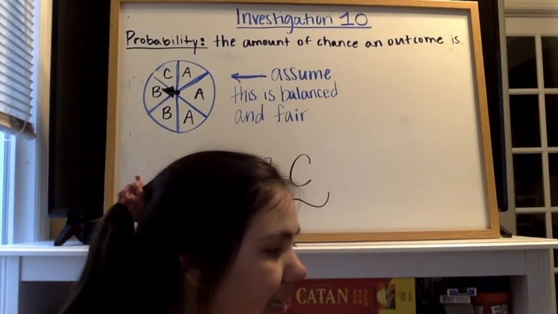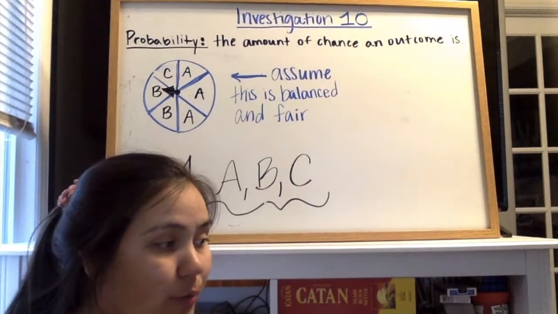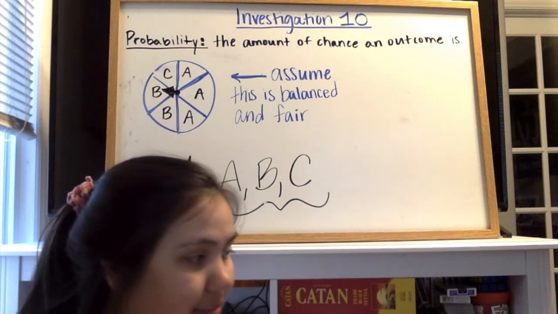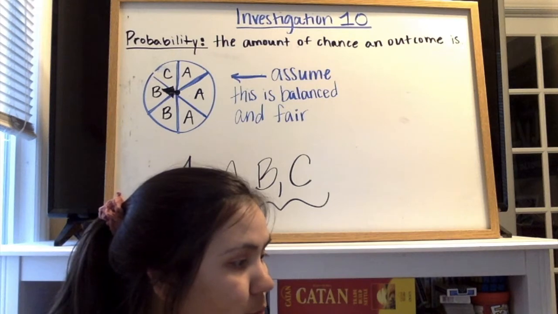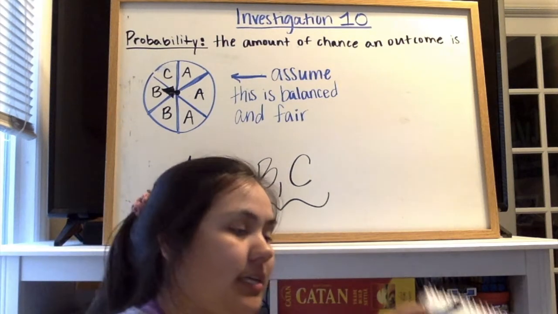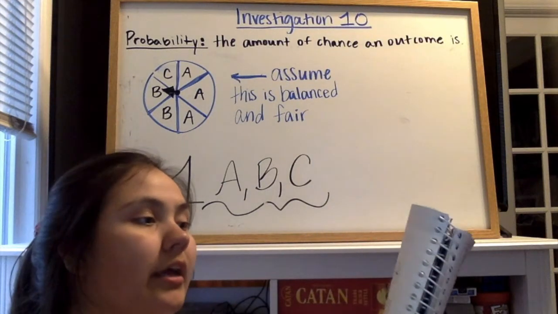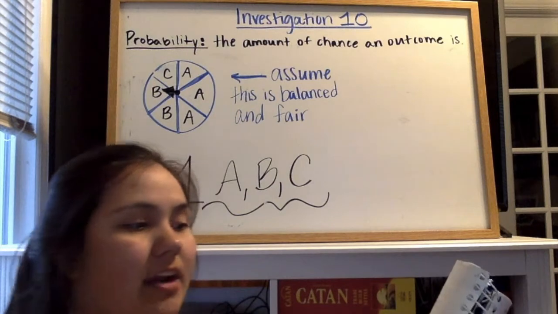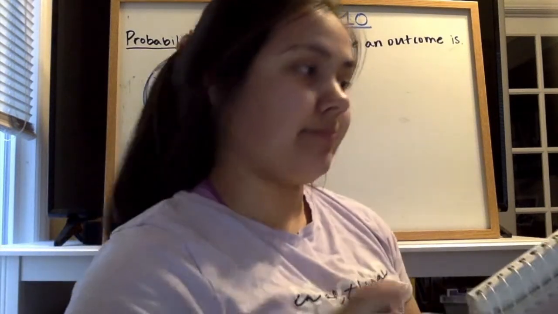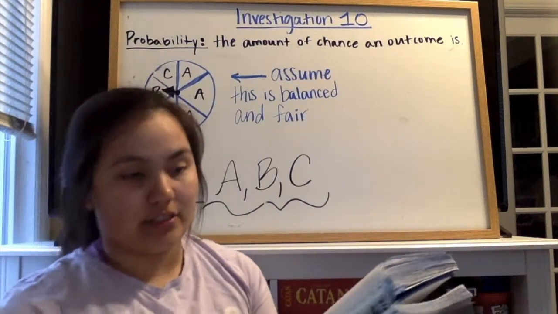All right, number 10. What is the probability that the arrow will stop in sector C? Okay. We actually answered this on number 6. So if you go back to that, it said if the arrow is spun many times, what fraction of the spins are likely to stop in sector C?